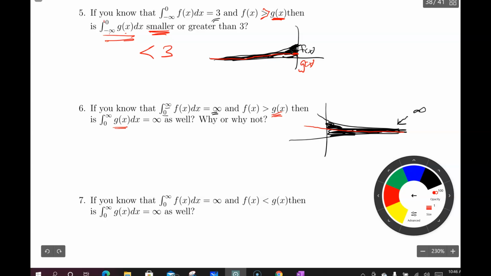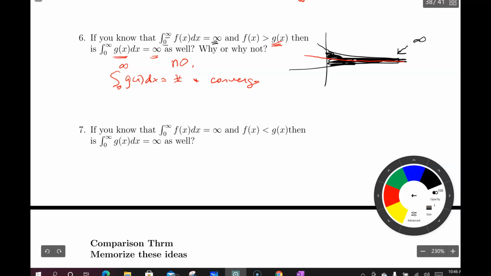Do I know that g of x adds up to infinity as well? No, I don't know anything. This integral from 0 to infinity of g of x could equal a number and converge. So you don't know if I have something smaller whether it's going to be infinity or not.